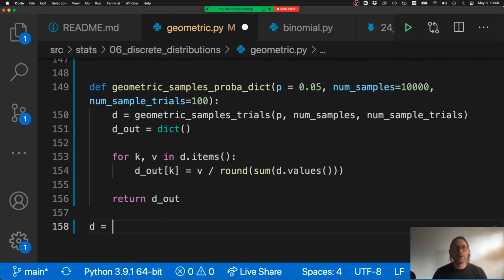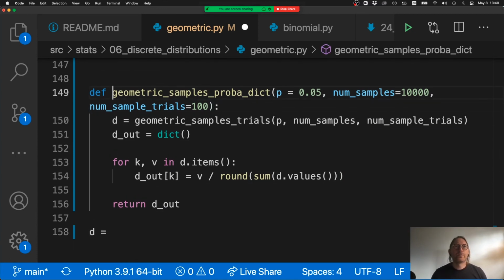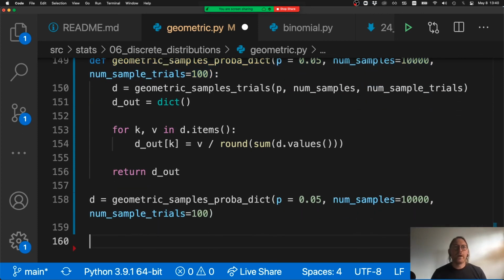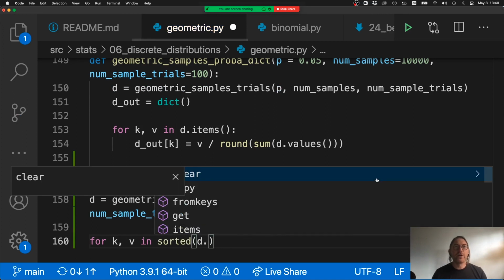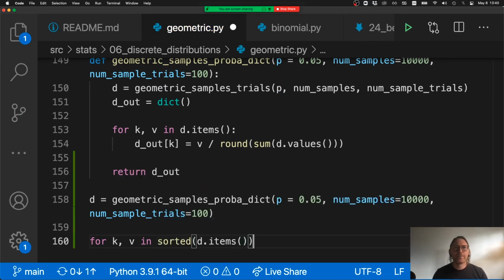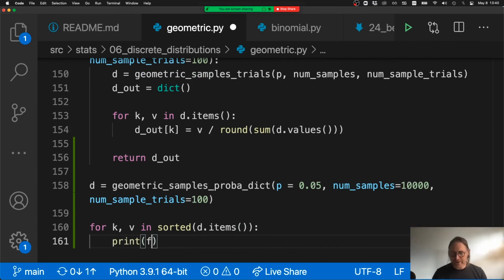Okay, so let's return d.out and likely find that there's some kind of error in here, but that's also okay. And for k, v in the sorted version of d.items, let's print k and v.